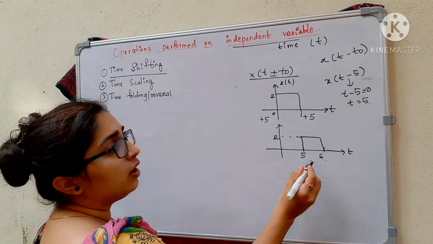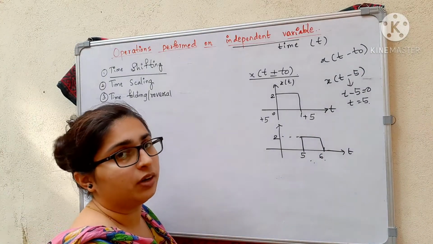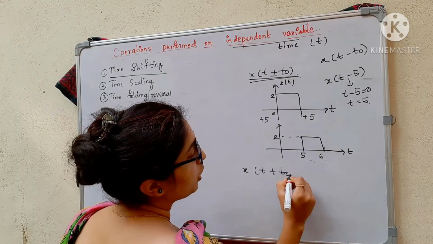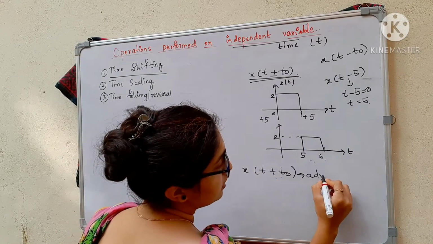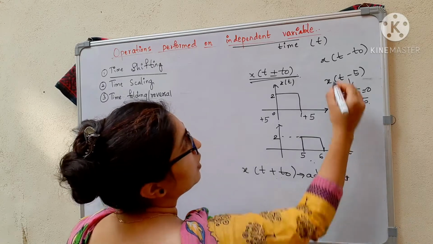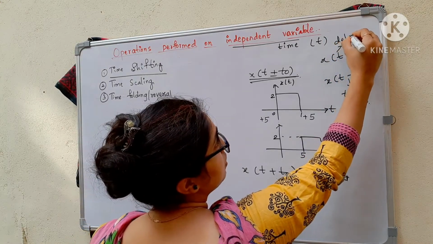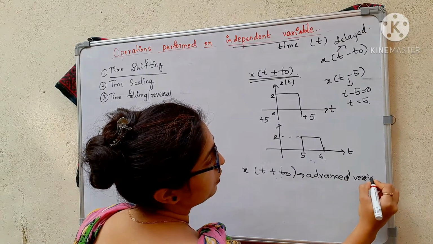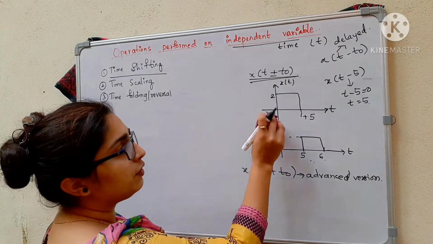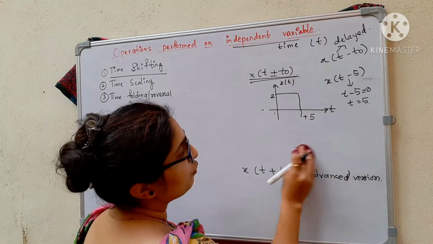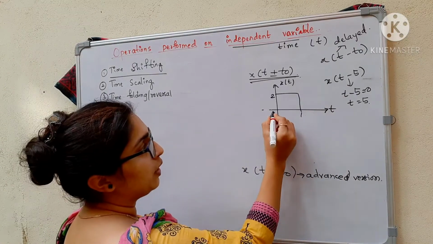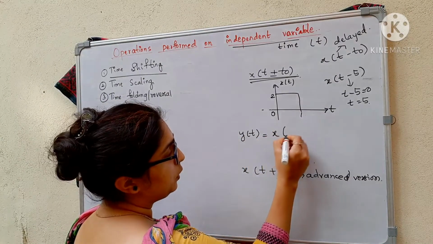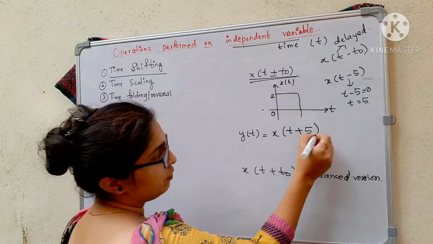This is your delayed version. And if you have x of t plus t naught, you are going to get the advanced version of the signal. Now if you are given this signal x of t from 0 to 1, they may ask you to find y of t equal to x of t plus 5.